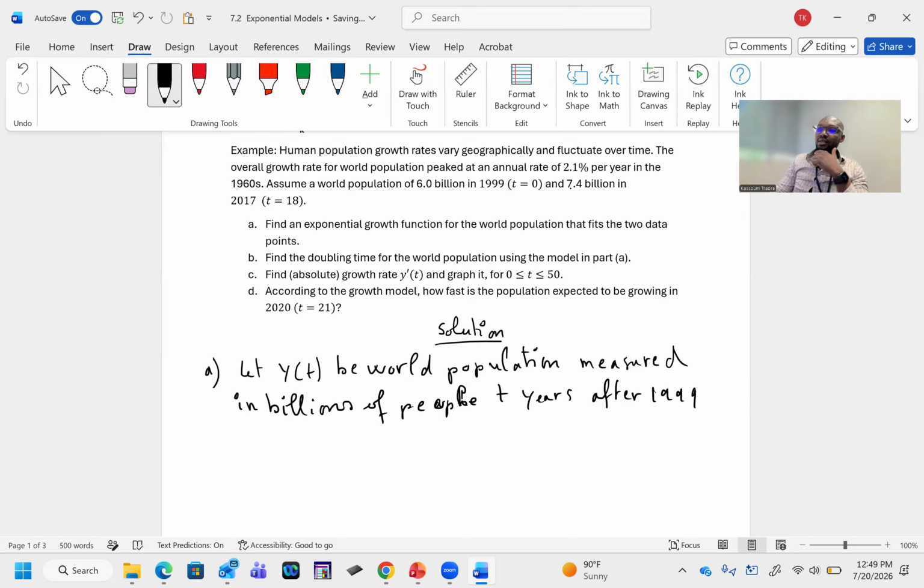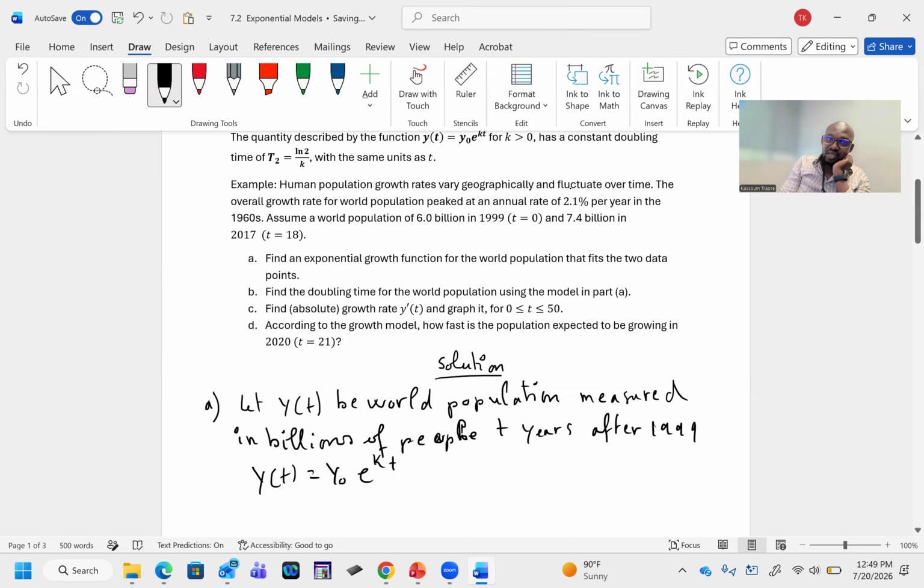So again, we know the function y(t) is given as y0 e to the power of kt, right? And where y0 and k must be determined.